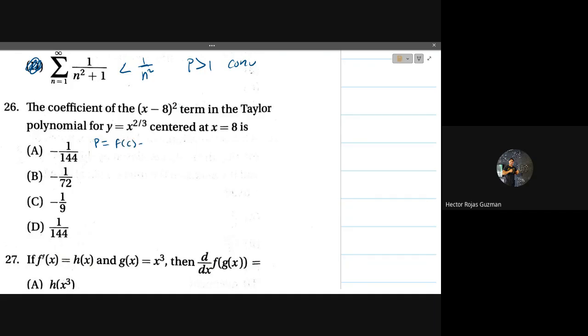So we have f of c plus f prime of c times x minus c plus f double prime of c times x minus c squared plus f triple prime of c. Okay, I'll stop right there. I don't know how many I need, but let's just go ahead and get some derivatives here.